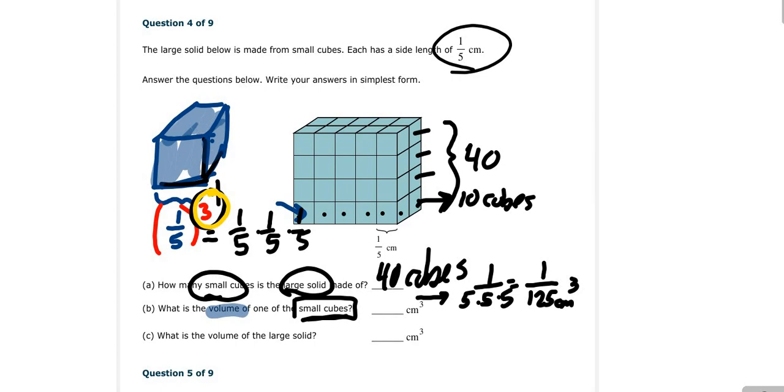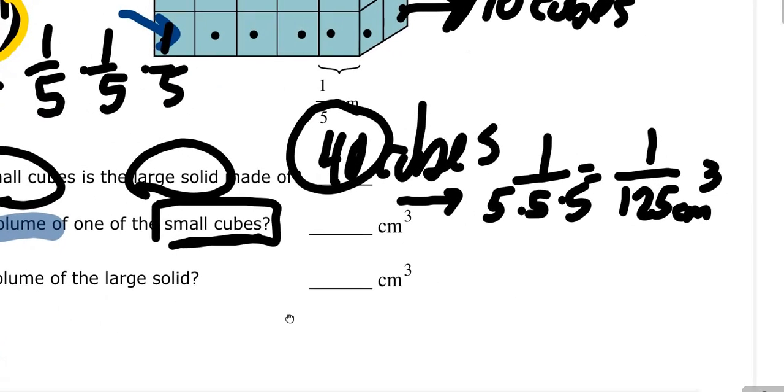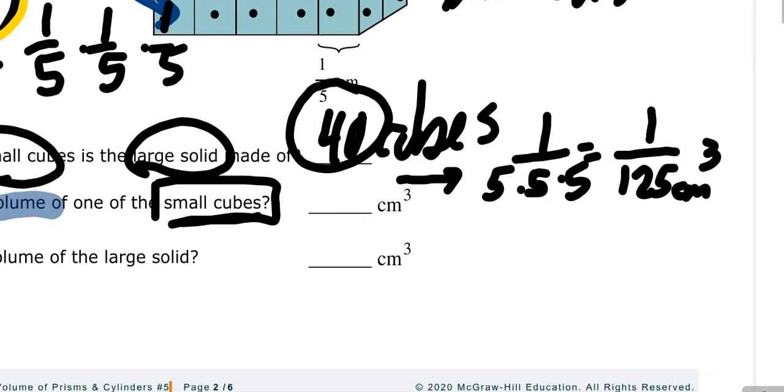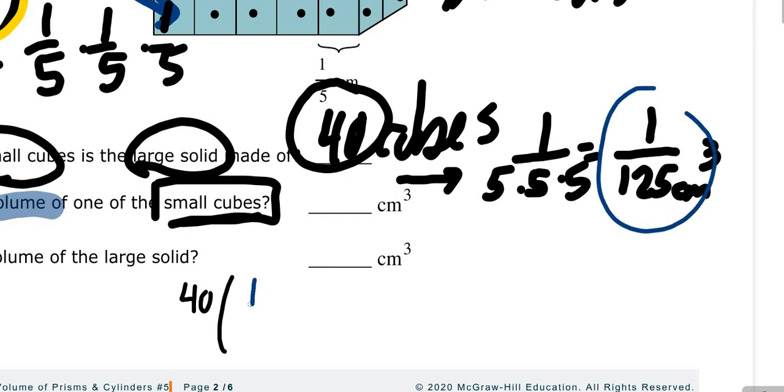Now, in the large solid, we have a total of 40 cubes. So it's 40 times 1 over 125. That's a single cube. This would be 1 over 125.